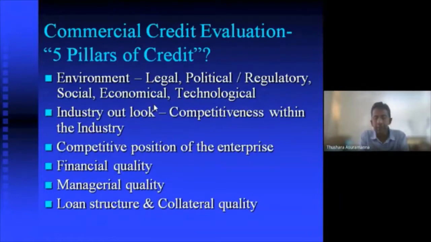Once you assess these pillars, there may be positives, there may be negatives. You try to use these positives to minimize negatives, and you do a structuring of the credit. Structure and collateral quality. There are 4 pillars.